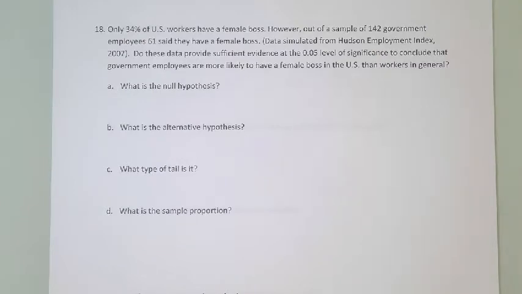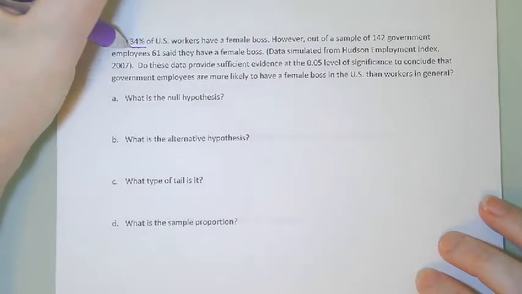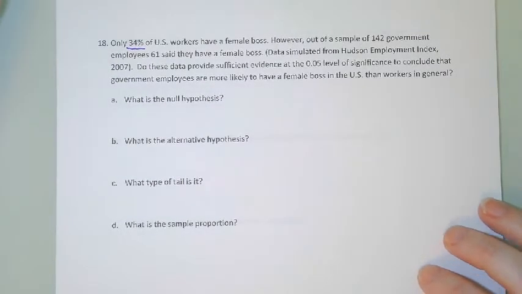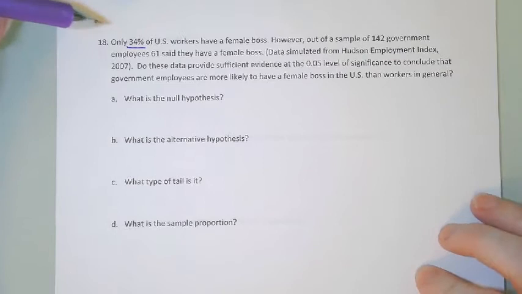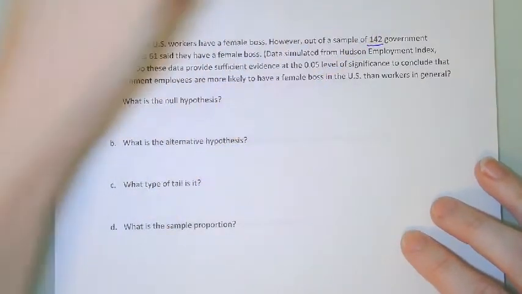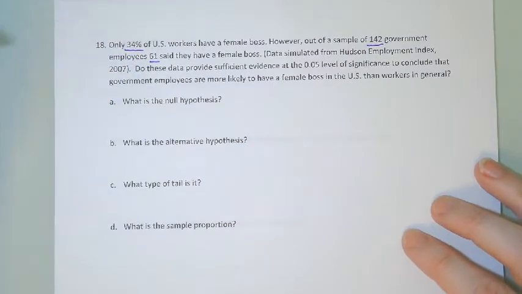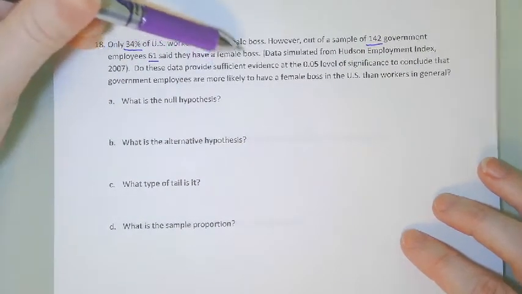Okay, in this video, I'm going to be going through question number 18 from the practice exam. This is the hypothesis testing question. So it says only 34% of U.S. workers have a female boss. However, out of a sample of 142 government employees, 61 said they had a female boss.